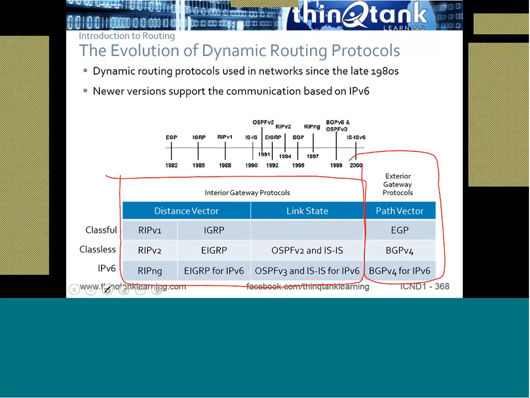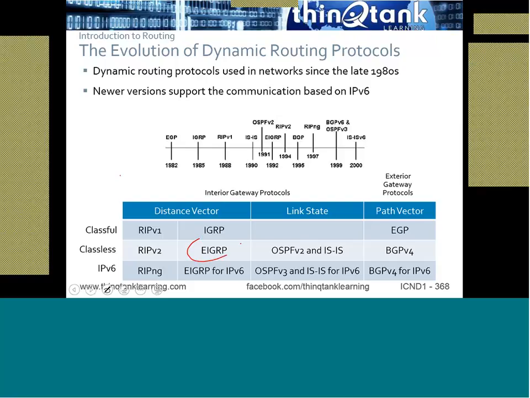Exterior gateway routing protocols are routing protocols that you would run on the internet, between organizations, between companies, etc. Whereas interior routing protocols are protocols that we would run inside of our enterprise. These are protocols that we're going to run inside of our enterprise. All right? Things like EIGRP, OSPF, ISIS, and so on.